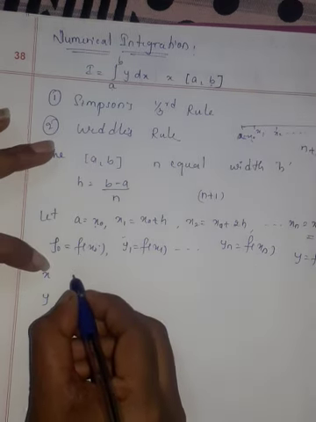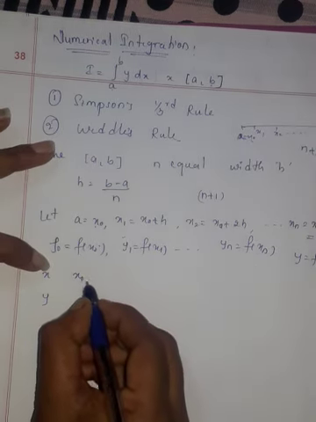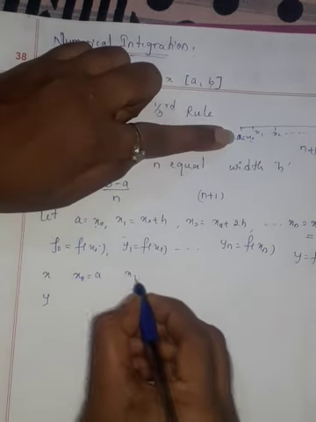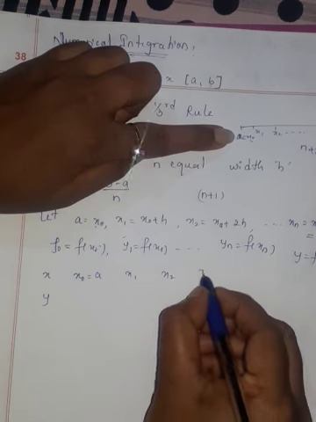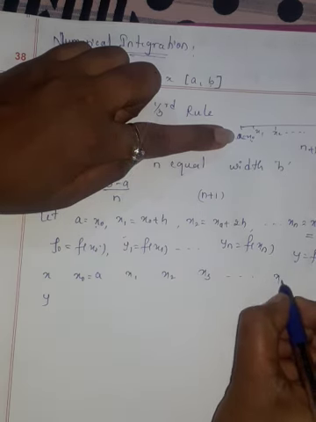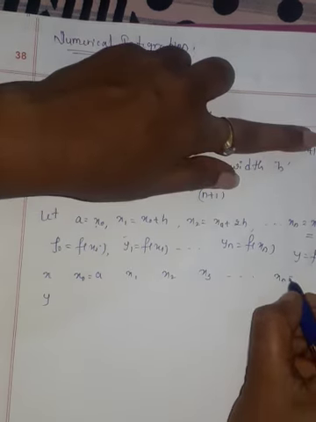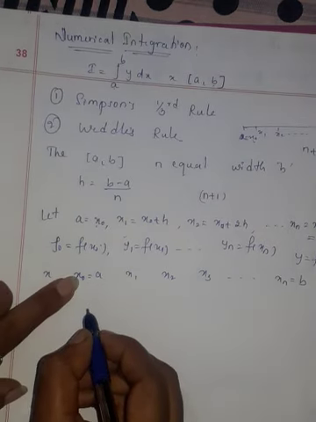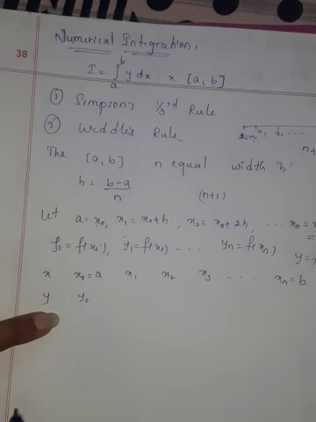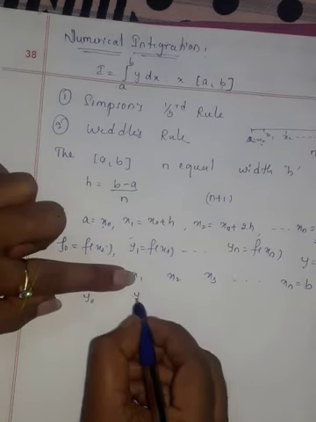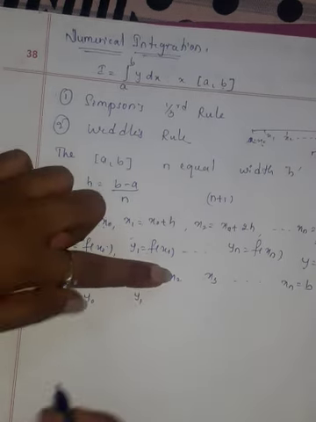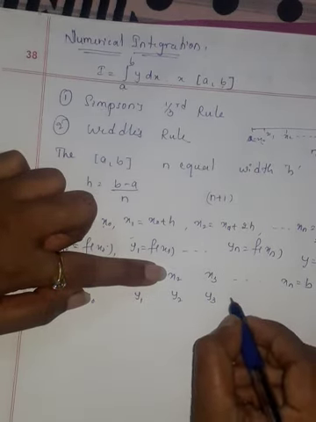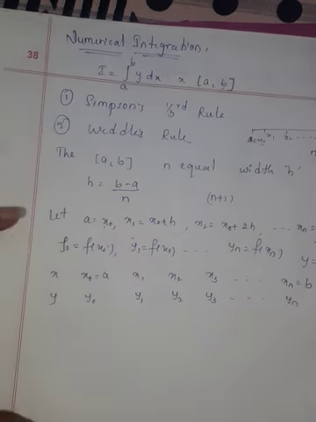In the x row we take first the initial point x naught, which is nothing but our first point a. Next x1, x2, x3 and so on up to xn. Now xn is nothing but the last point b. Similarly, for x naught our function value is y naught. For x1 it is y1, for x2 it is y2, for x3 it is y3 and so on. For xn it is yn.